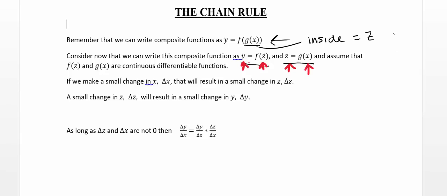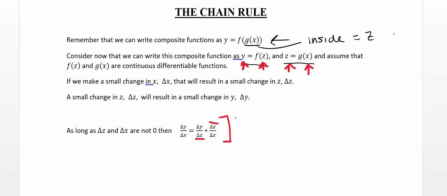So if we take these small changes, and as long as those changes are not equal to 0, we get this relationship here, that a small change in y over a small change in x is equal to change in y over change in z times change in z over change in x. Now, here, just like any other fraction, we could see that these delta z's could cancel, leaving us with just delta y over delta x. So mathematically, since these small changes represent numbers, these two things are equivalent.